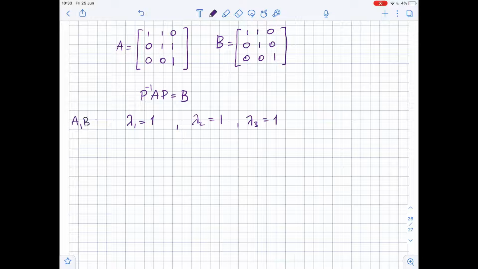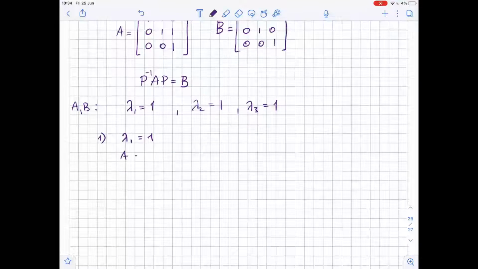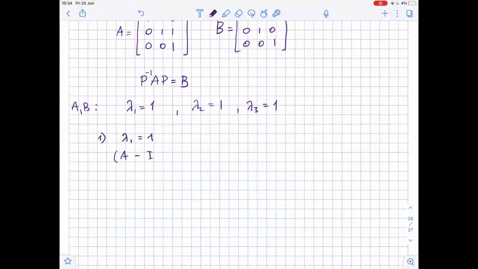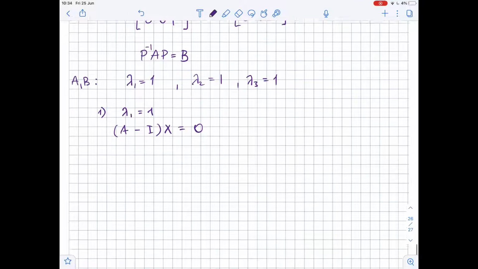Now we can obtain the eigenvectors corresponding to these eigenvalues. First, for eigenvalue lambda equals 1, we will solve (A minus I) times x equals 0.